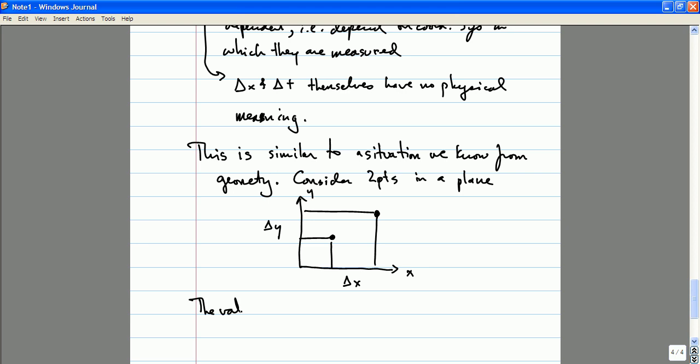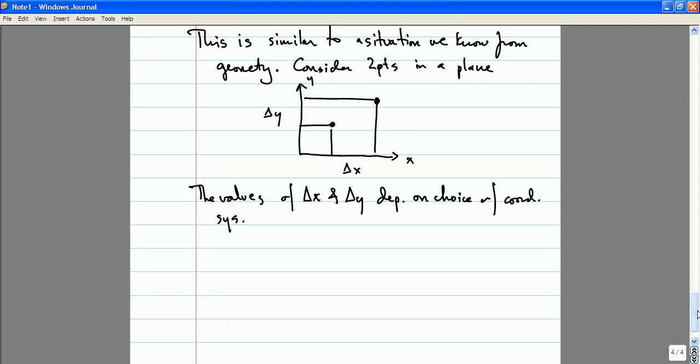But as you know, the values of delta x and delta y depend on the choice of coordinate system. For example, I could choose some new coordinate system. So instead of measuring things in terms of the x and y coordinates, I could define some new coordinate axes.